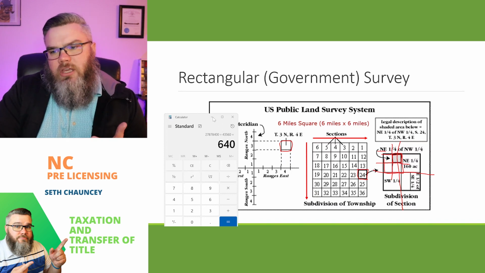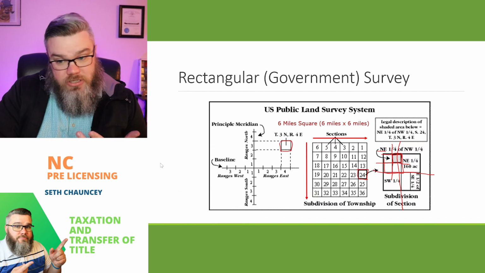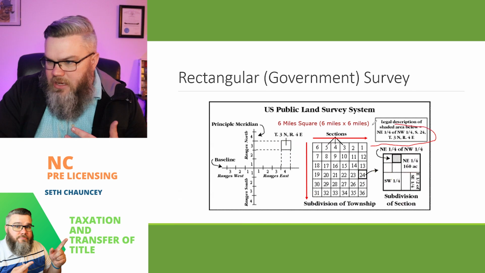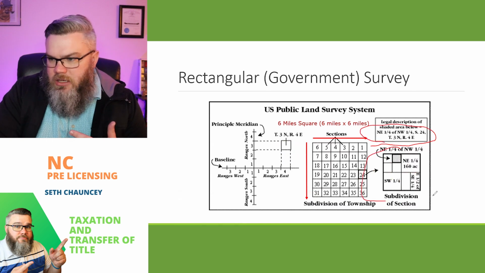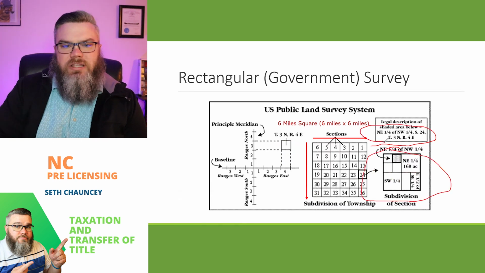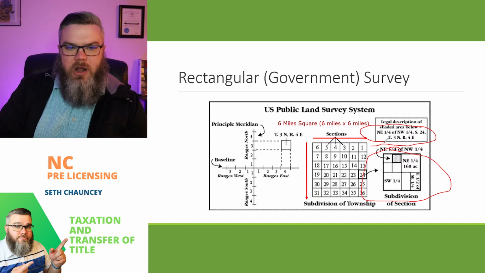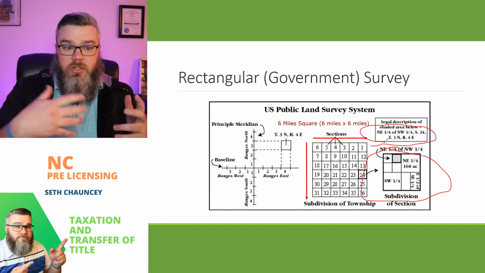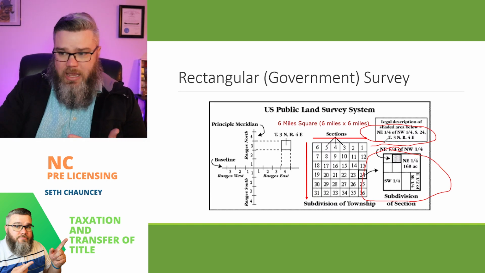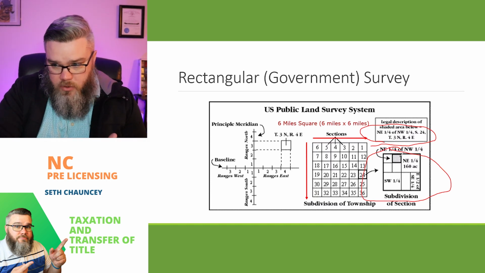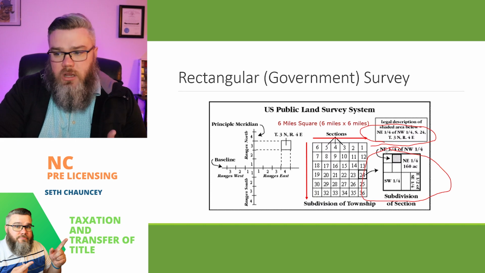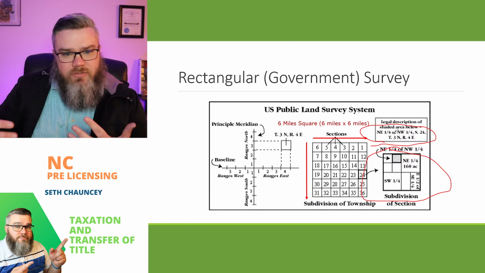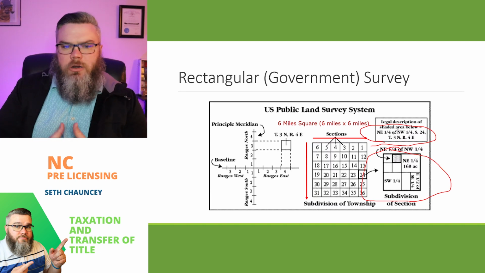The hardest question that I think you'll probably see at this point, if I had to wager a guess, is four different options and a picture like this, and you have to say, what is the correct legal description of this property? You just have to identify that you go smallest to largest, and pick out that this is the northeast 1/4 of the northwest 1/4 of section 24. You're going to have to just pick the best legal description. That's all you could possibly see.